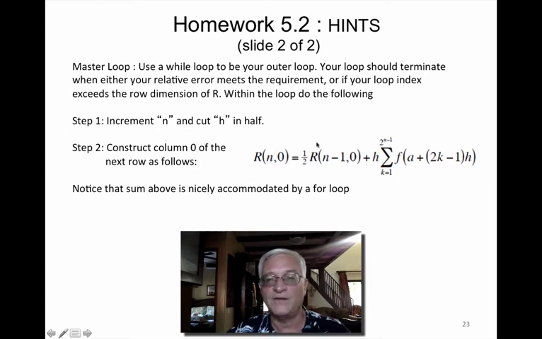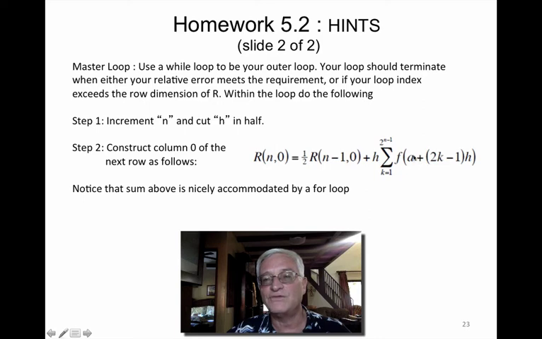It says, now that you know R10, let n equal 2. So R of 2 minus 1, 0, which is R10. Now we take a new sum from k equals 1 to 2 to the 2 minus 1. Well, 2 minus 1 is 1, 2 to the first power is 2, which means we're adding up 2 new values. h was cut in half again, because every time I go through the loop I've got to cut h in half.